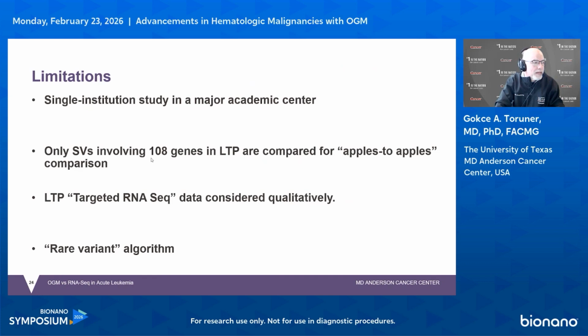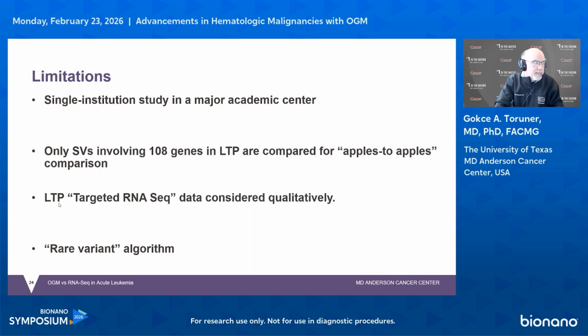Also, this comparison was only done for 108 genes. I wasn't talking about copy number gains or losses or aberrations not involving these 108 genes, for an apples to apples comparison.